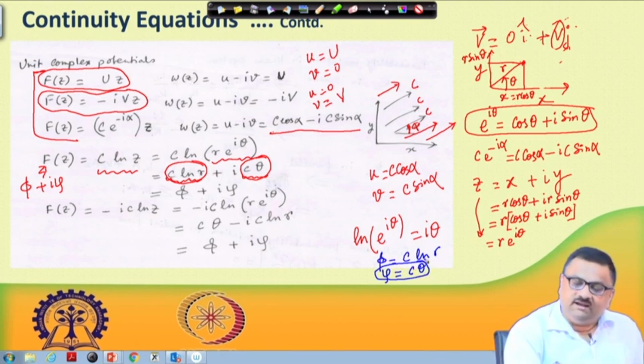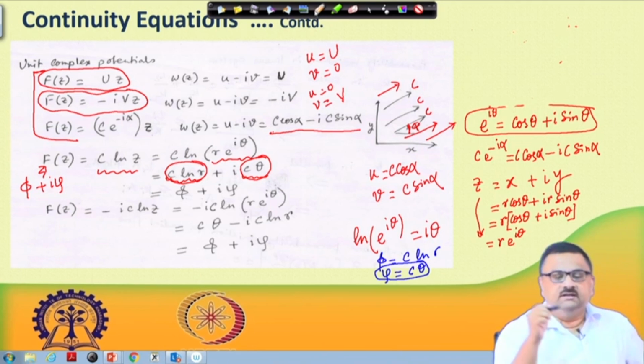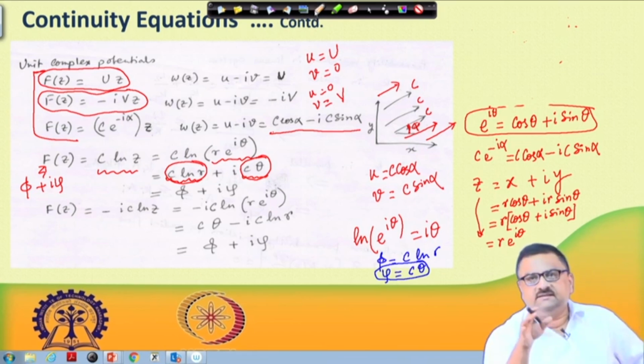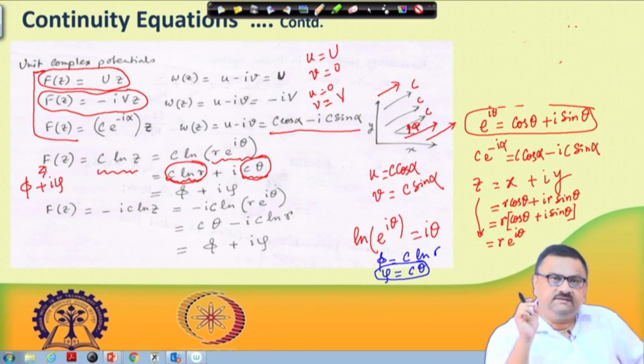So, what would be this line in this context where C theta will be constant? We are talking about some line along which theta is constant. C is some arbitrary constant. What is that line in an r theta system along which theta is constant?